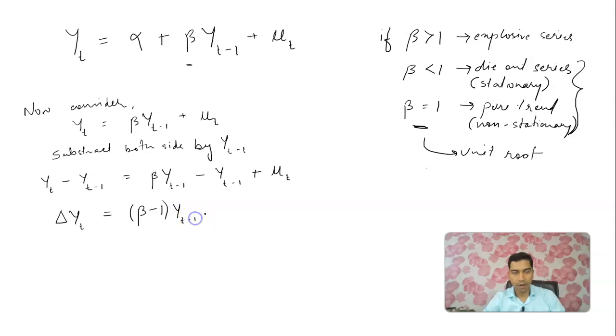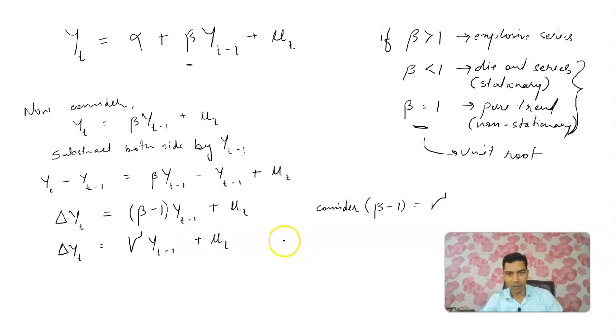Consider beta minus 1 as gamma. So now we can write delta y_t = gamma y_(t-1) + mu_t. This equation was contributed by Dickey and Fuller.